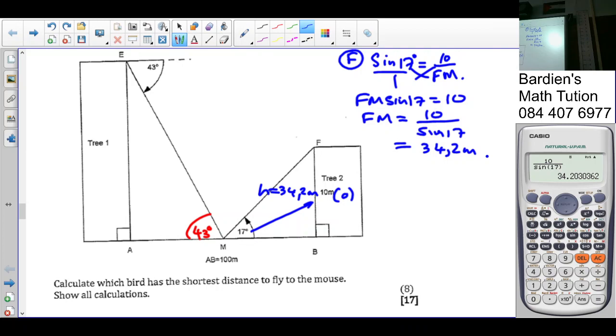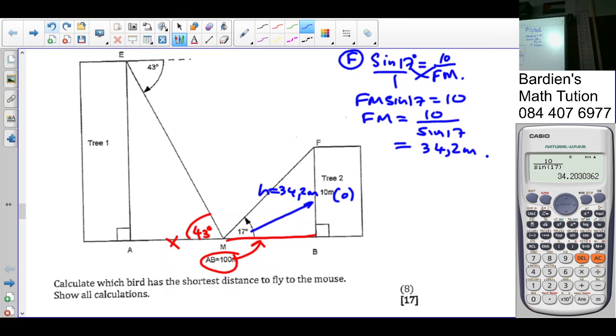Now coming back to the eagle. I want to calculate this length. In order to calculate that length, I must either have the height of the tree or I must have AM. However, at this point we can calculate MB. Once we have MB, we say 100 minus MB will give me the length of AM. Make sense?